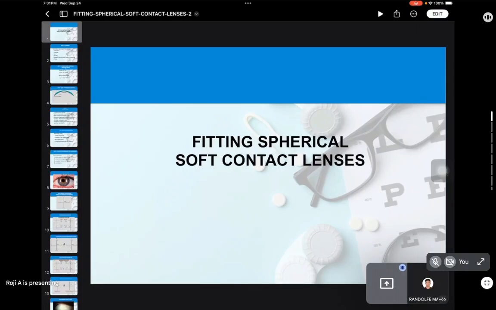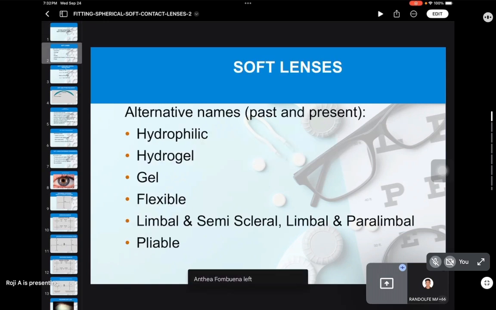Okay, so let's start fitting spherical soft contact lens. So soft lenses, we have alternative names from past to present. We have hydrophilic, hydrogel, gel, flexible, limbal, semi-scleral, paralimbal, and pliable.